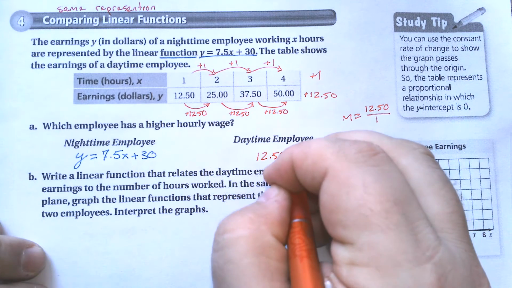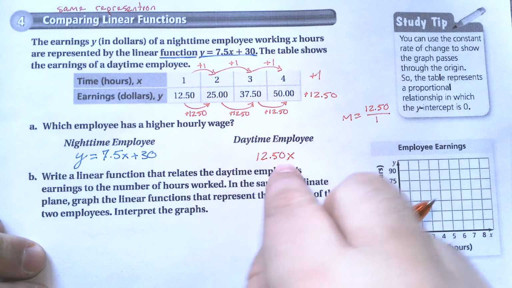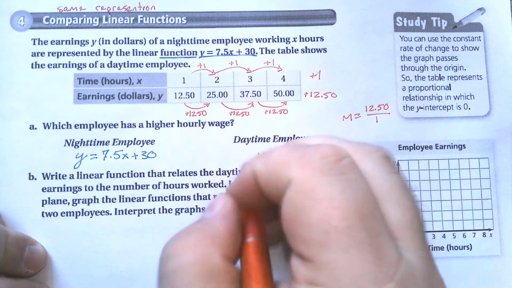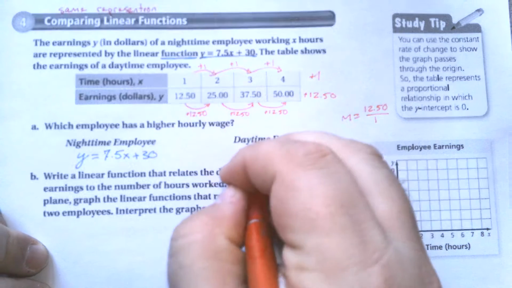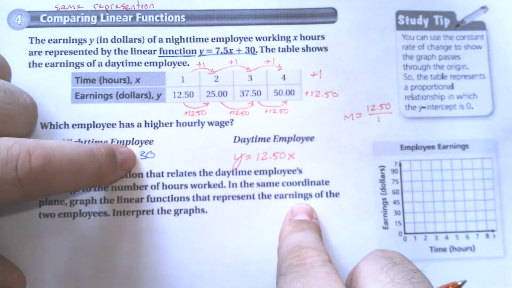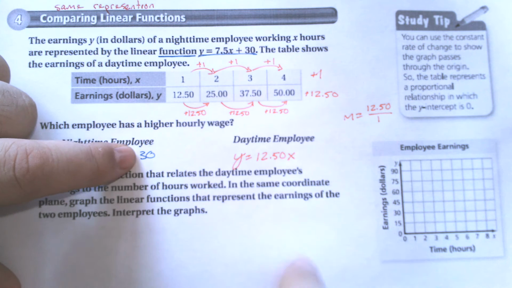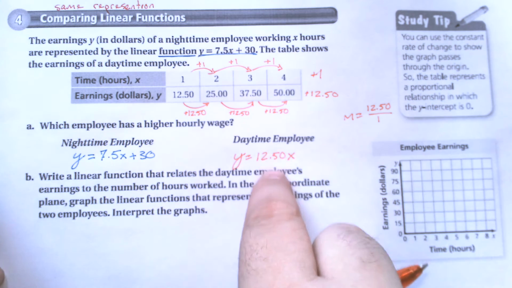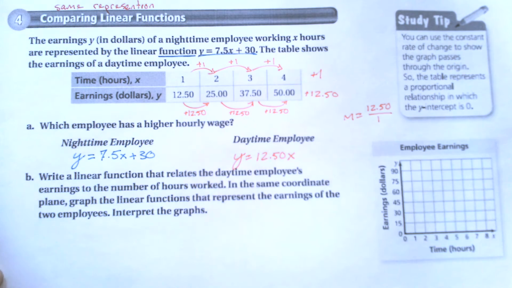And that's for every hour. That changes per hour. Now, it doesn't tell us there's a bonus to start off with. In other words, it doesn't tell us there's a base salary like this does with 30. That's a base salary or a bonus. Here, we just have $12.50. So this is our function according to the table.